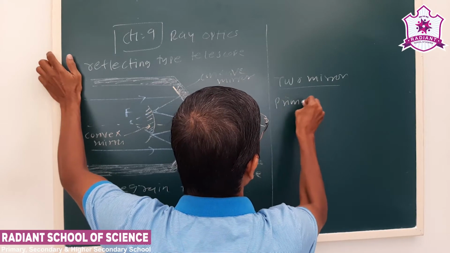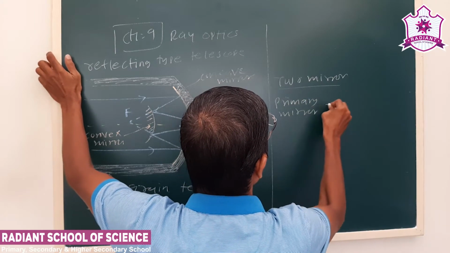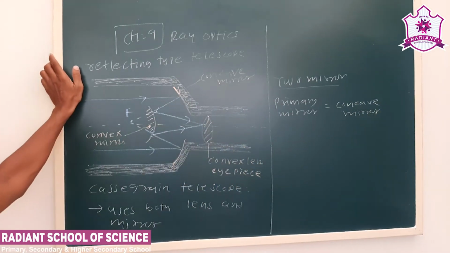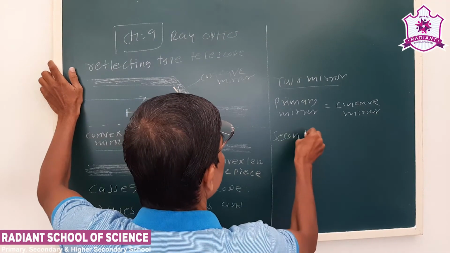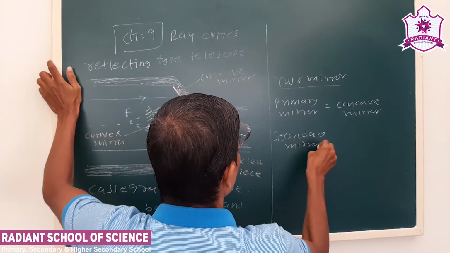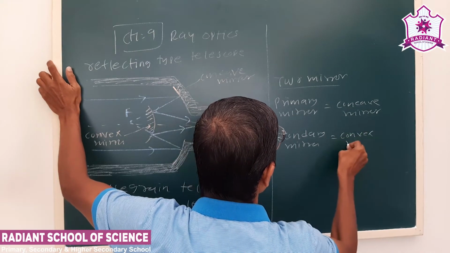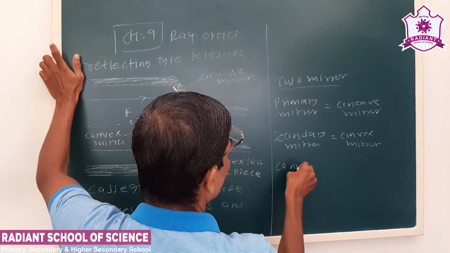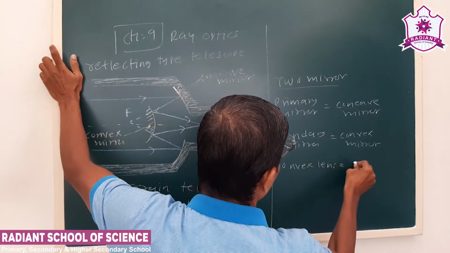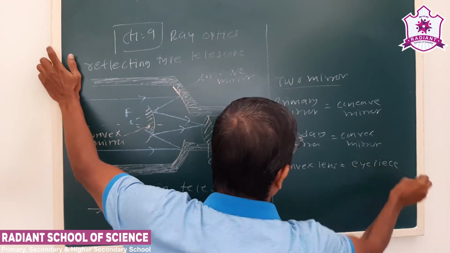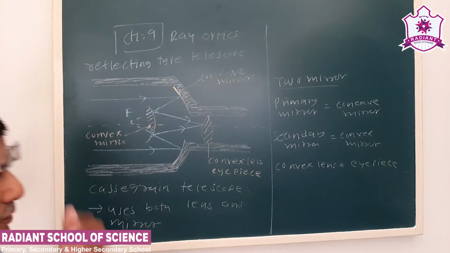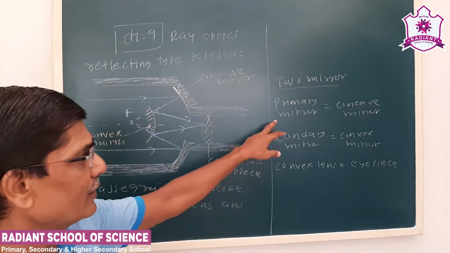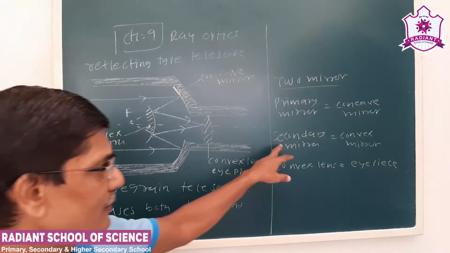The primary mirror is a concave mirror, and the secondary mirror is a convex mirror. And we have a convex lens which acts as an eyepiece.